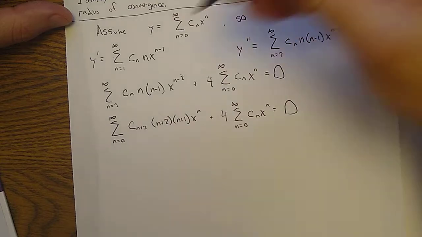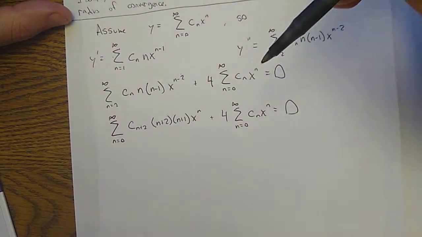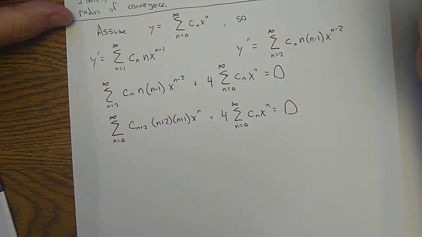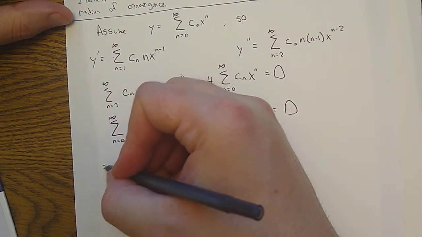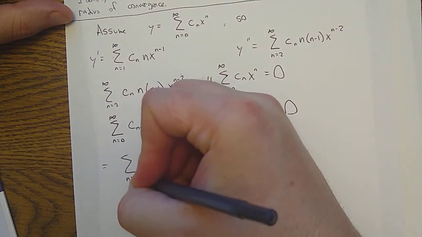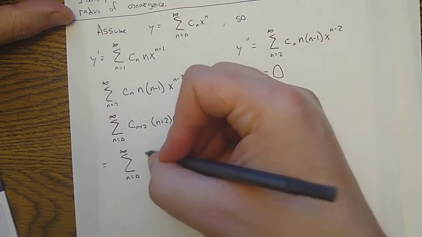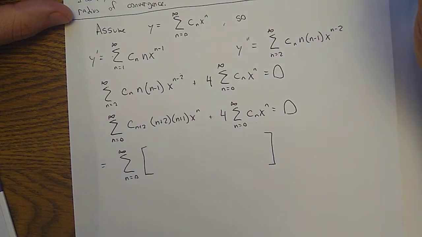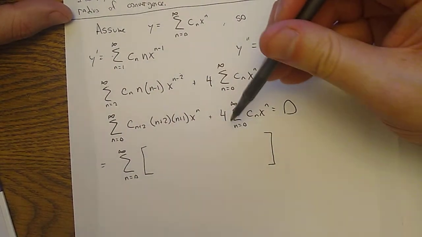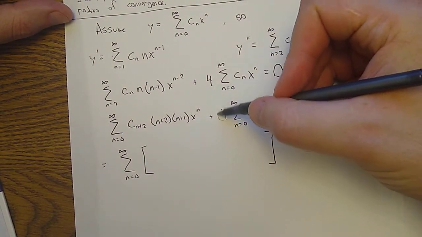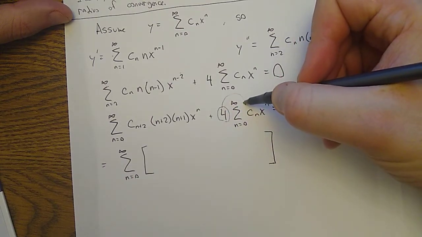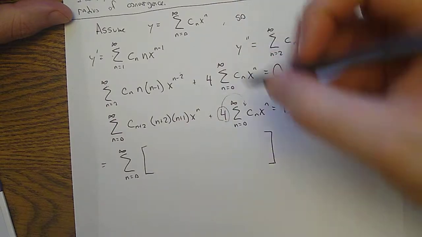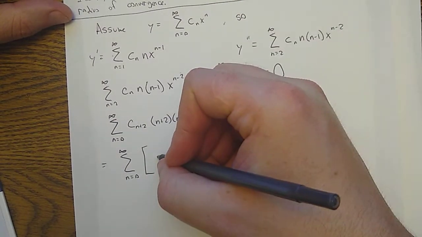Okay, now I can combine these two. The series are summing over the same values of n. I can make this like one big thing. By the way, I'm taking this 4 inside, and I'm doing this plus this.